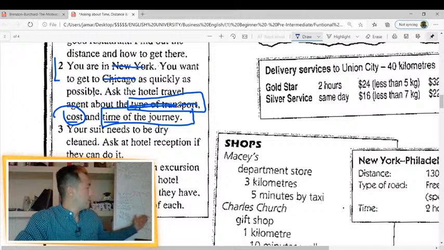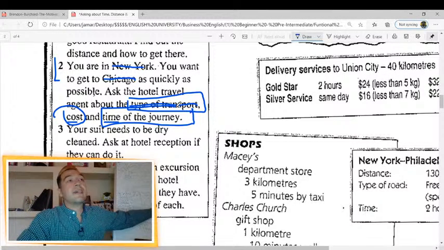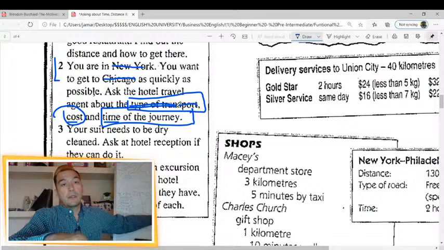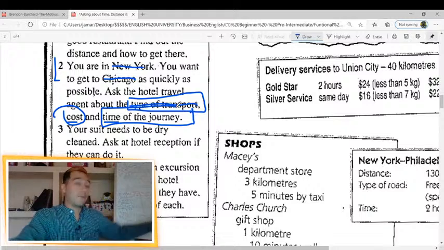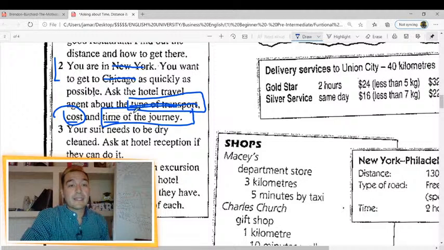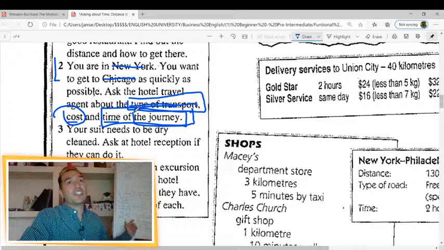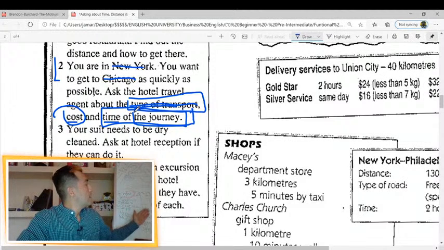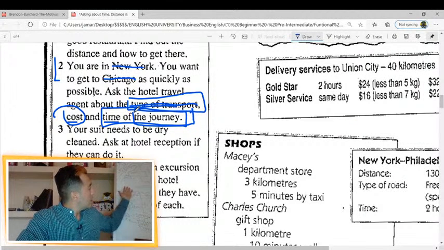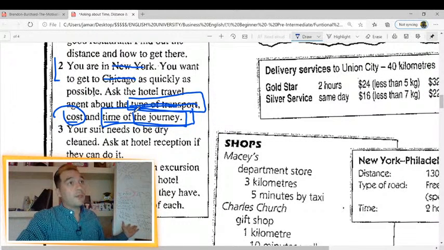How long does? What is the subject? It says right there, time of the what? Journey. The journey is the subject. And the verb? What is the action? Take. Okay? How long? WH for the information questions.